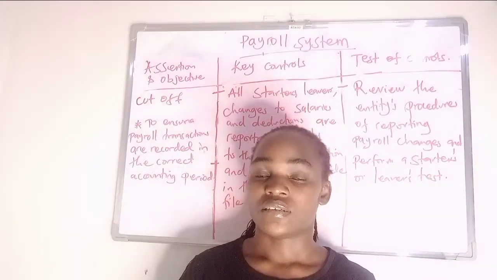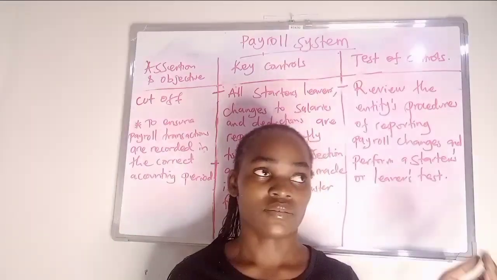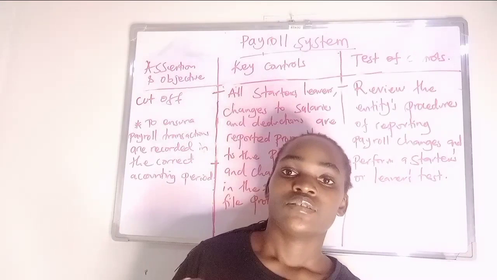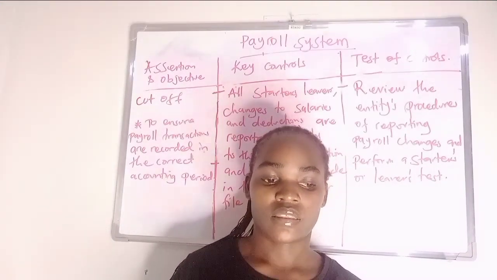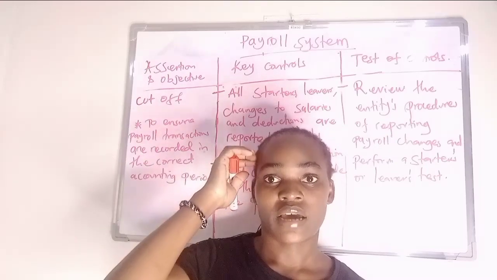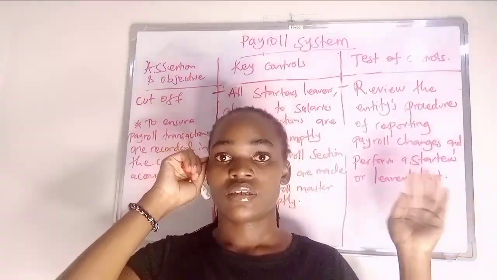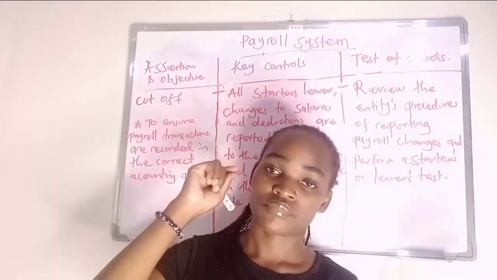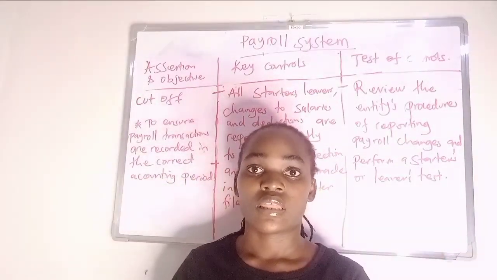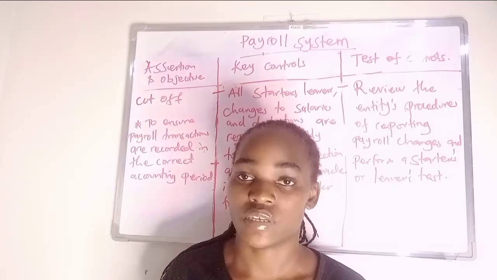Then the auditor can perform a reverse test, like checking the date when an employee left the organization and when it was recorded in the files. So that is all about the cutoff assertion.